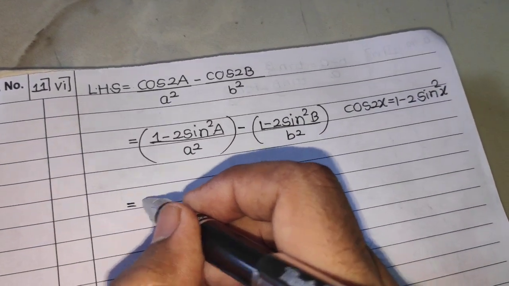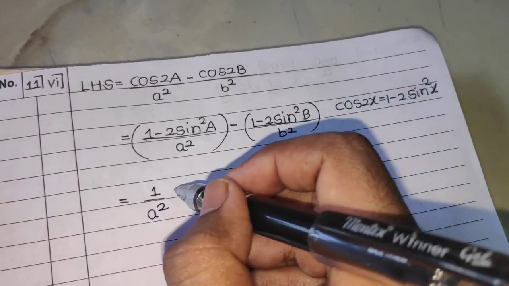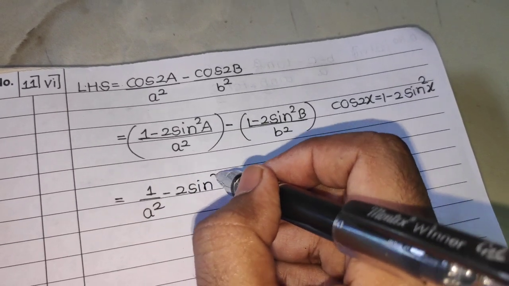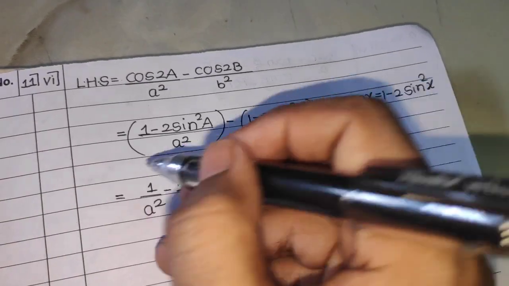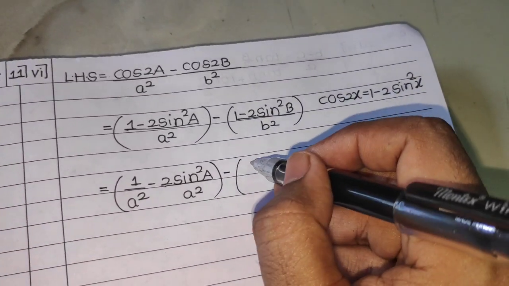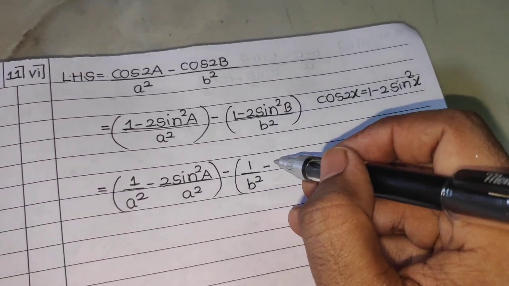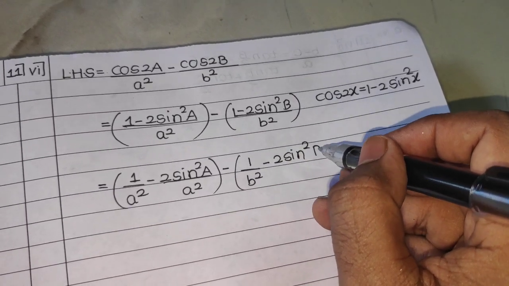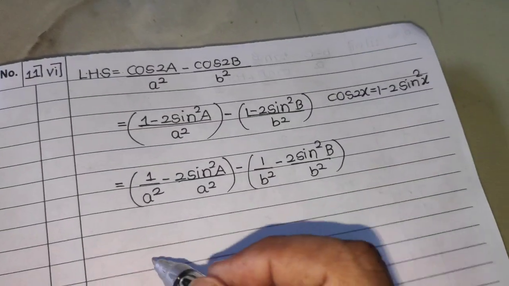I'm going to separate here: 1 upon a square minus 2 sine square a upon a square, and 1 upon b square minus 2 sine square b upon b square.